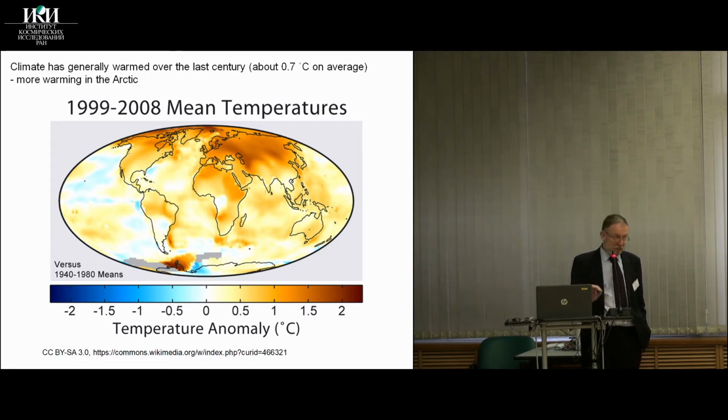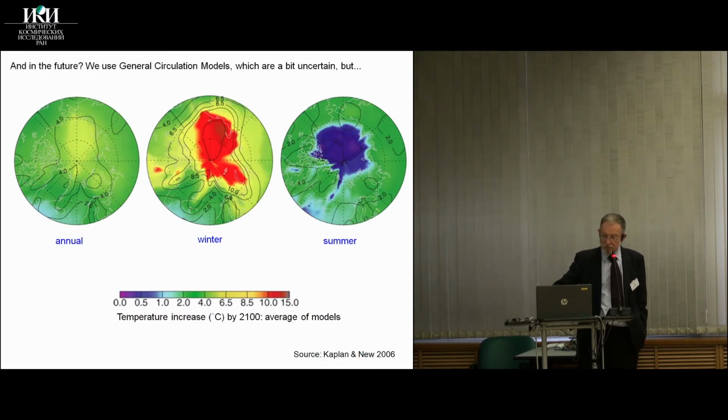So we have the increase in temperature over the 20th century. And this is modeled to continue and indeed to accelerate. We obviously have less secure knowledge about what the climate will look like at the end of this century than what it did look like a century ago, so the models are a bit uncertain.